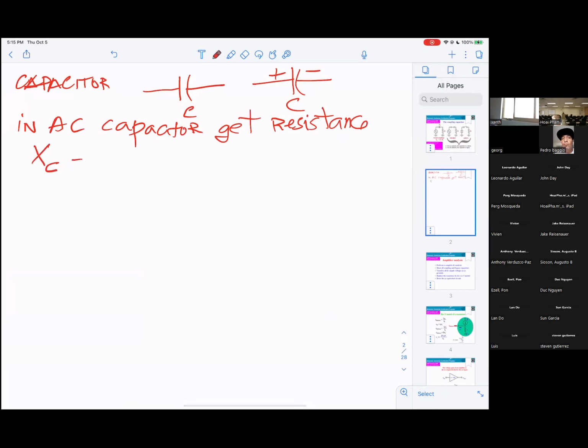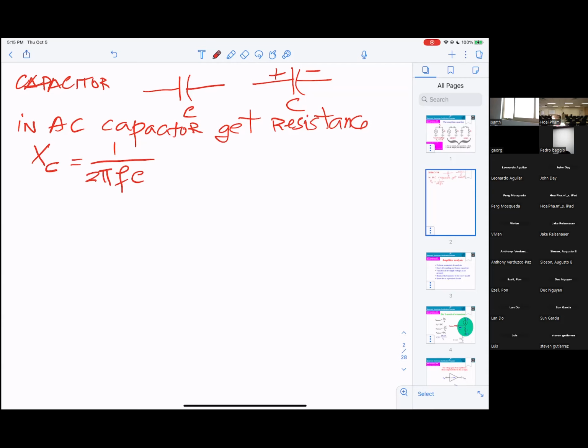XC equals 1 over 2 pi FC. XC will be in ohm, F will be in hertz frequency, C in farad. However, they get a new name.